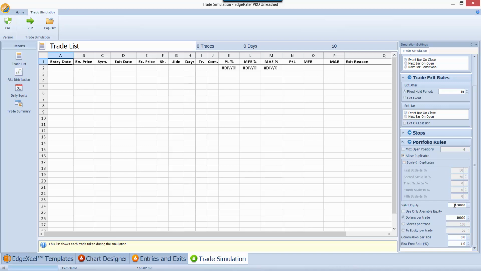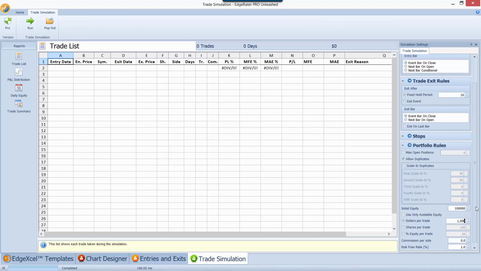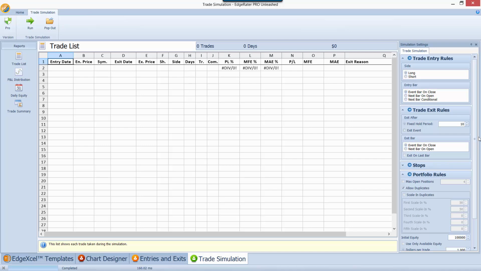We'll set initial equity to 100,000. Let's say we'll trade $1,000 per trade. We won't factor in commissions. So it's basically a very simple simulation, and then you just hit run.